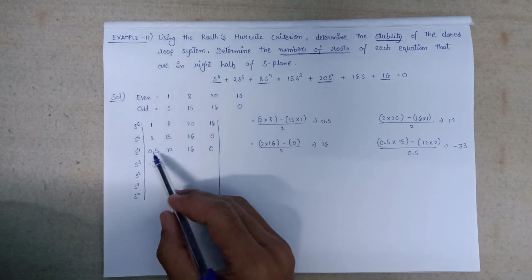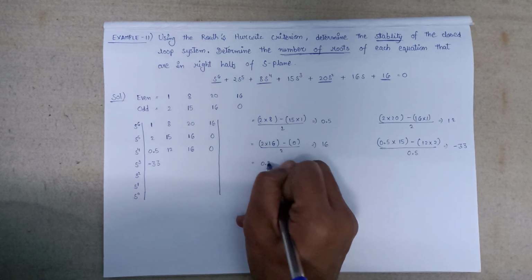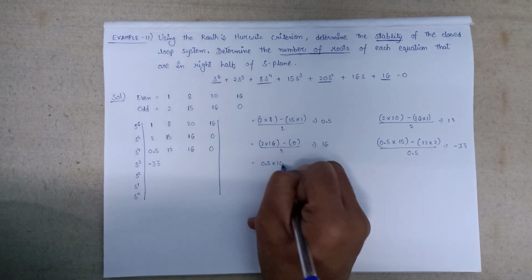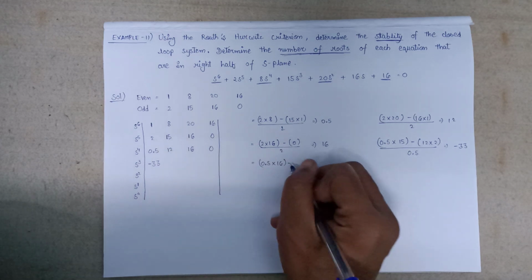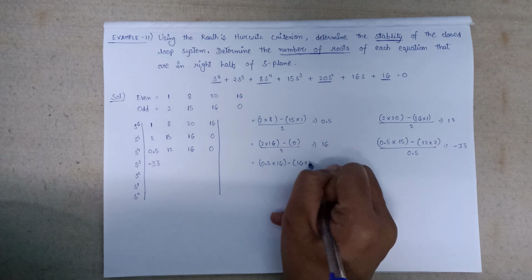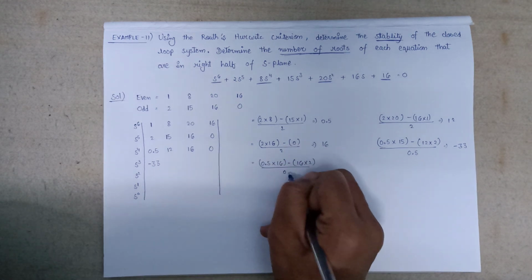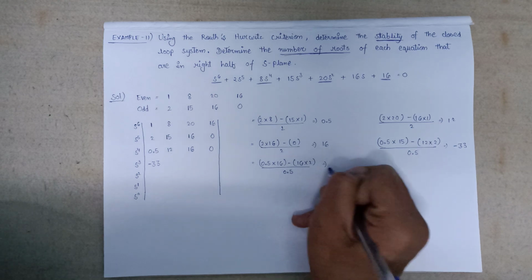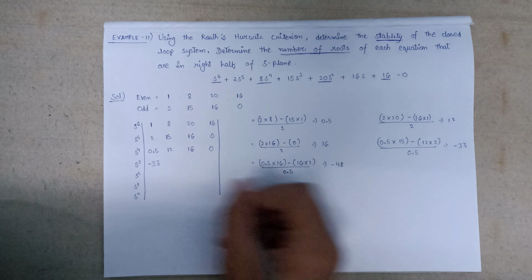After this, 0.5 multiplied with 16 minus 16 multiplied with 2, the whole divided by 0.5. So we get minus 48 as output.